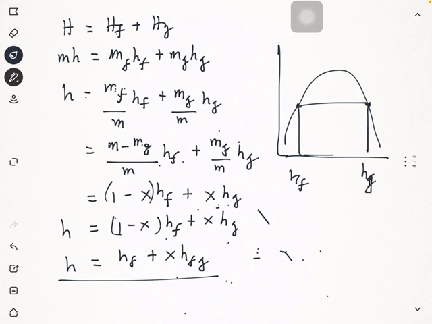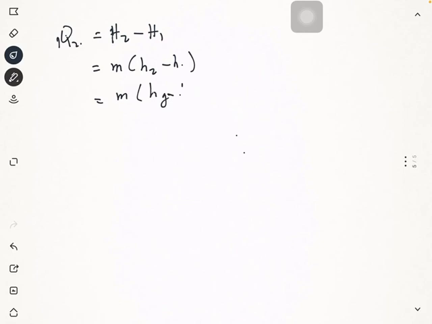Okay, so we have here the formula for our Q 1 to 2. This is H2 minus H1, this is M(H2 minus H1). So we have M times (hg minus hf).